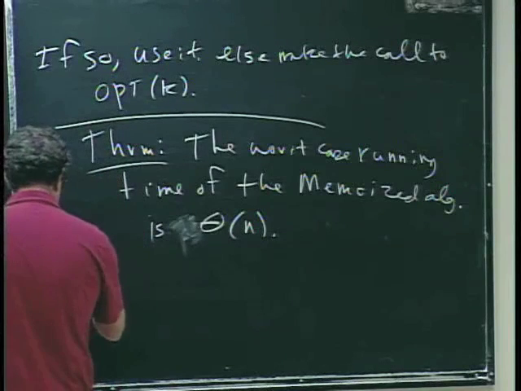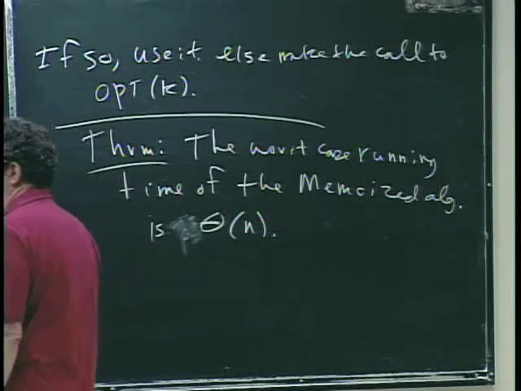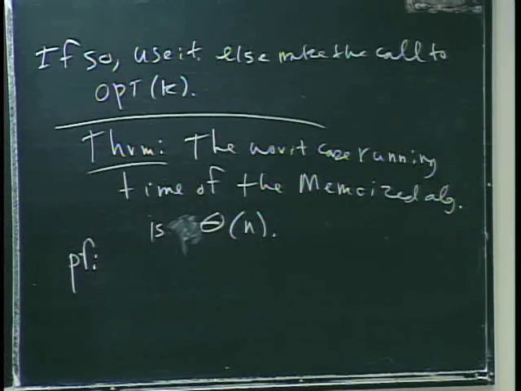Well, the first thing to observe in the memoized version, how many recursive calls does the memoized version actually make? N minus 1 or n. I mean, it only makes a particular type of recursive call once.